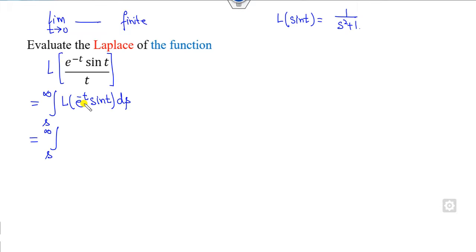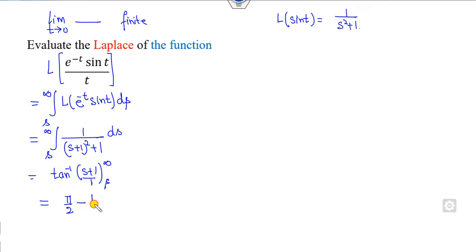So what is the Laplace of e raised to power t sine t? It is 1 over s plus 1 square plus 1, ds. Fine. So what is the integration of this? It is tan inverse of s plus 1, from s to infinity. So when you substitute infinity, it is pi by 2 minus tan inverse of s plus 1. And what is pi by 2 minus tan inverse? That's cot inverse of s plus 1, which is the right answer of this problem.